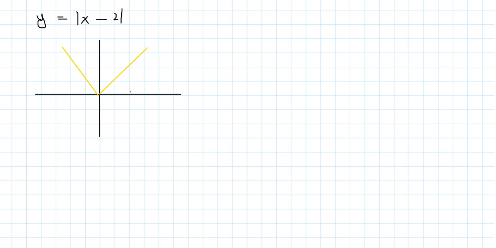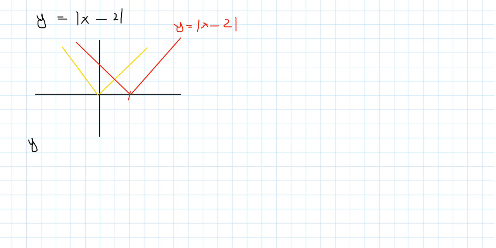So I find 2, I draw it. Easily I drew it. So it is y equals absolute x minus 2. Okay, now let's go to another example.